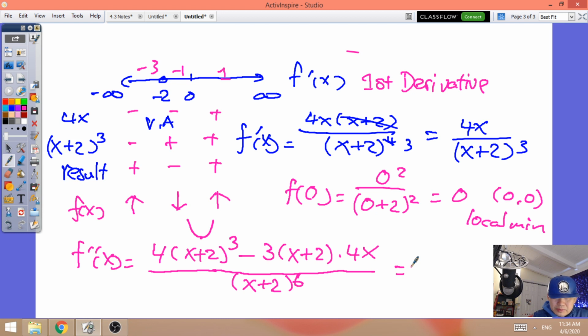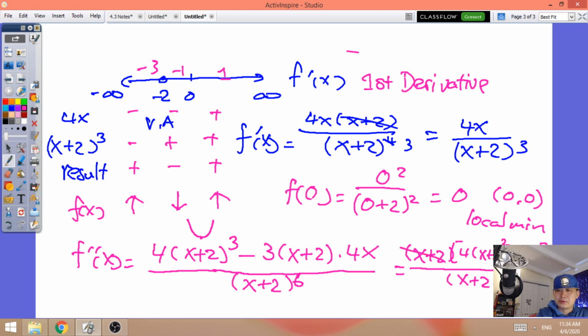And try to simplify that a little bit more. So the top part right here, it looks like we can multiply this and then take out the greatest common factor. Okay, so we take out the greatest common factor, we do have x plus 2. And then this one right here can be written as bracket 4 times the quantity of x plus 2 squared minus 12x, all over x plus 2 quantity to the power of 6.